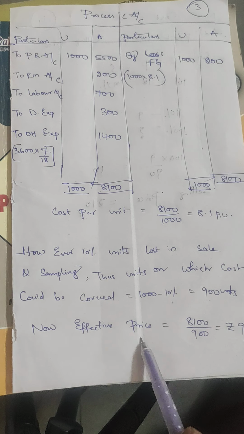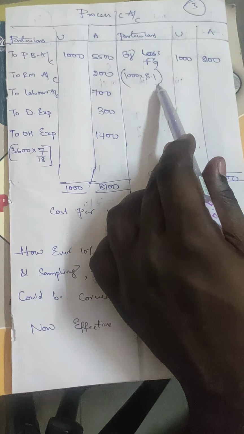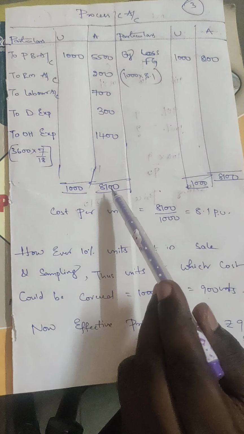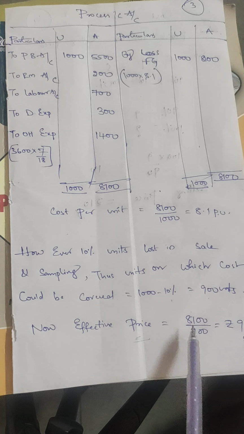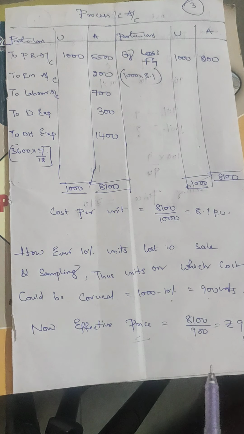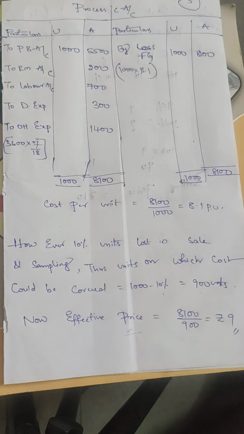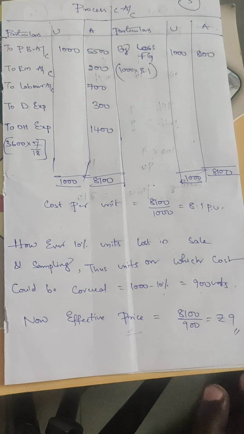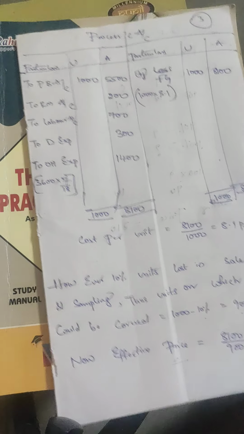Now what will be the effective price? The previous price is 8.1. Total cost 8100 divided by units, now not 1000 but 900 only, so the effective price is 9 rupees. This is a cost price, but we want the selling price.